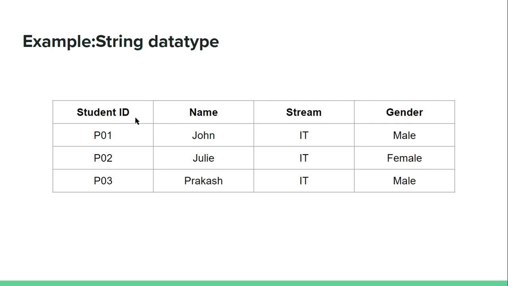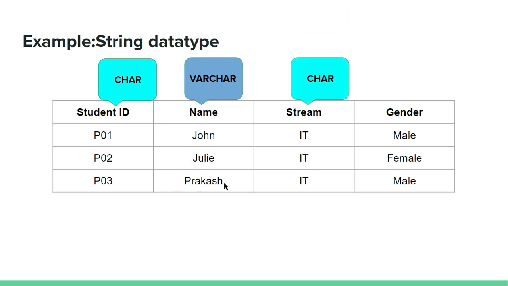If you want to give a data type for each of these columns, the student ID has a character data type, whereas the name column has a varchar data type, as we can see there are variable lengths: John, Julie and Prakash. The stream column has a character data type as it is a fixed length, IT.